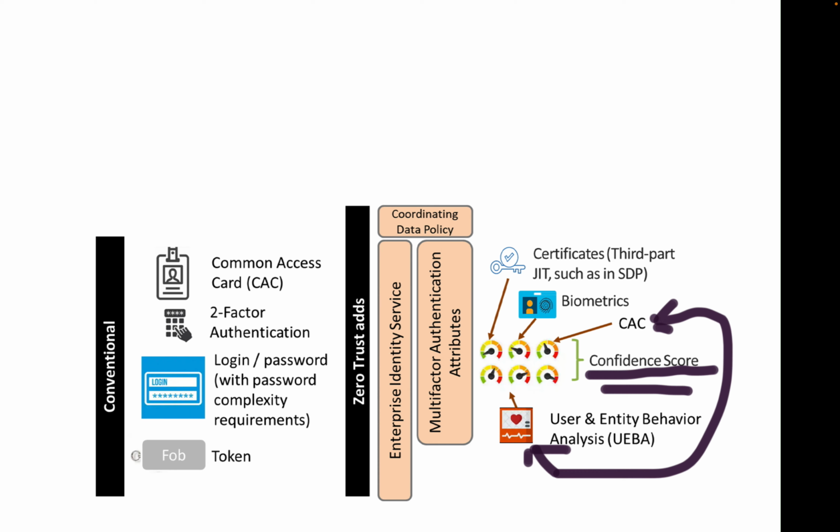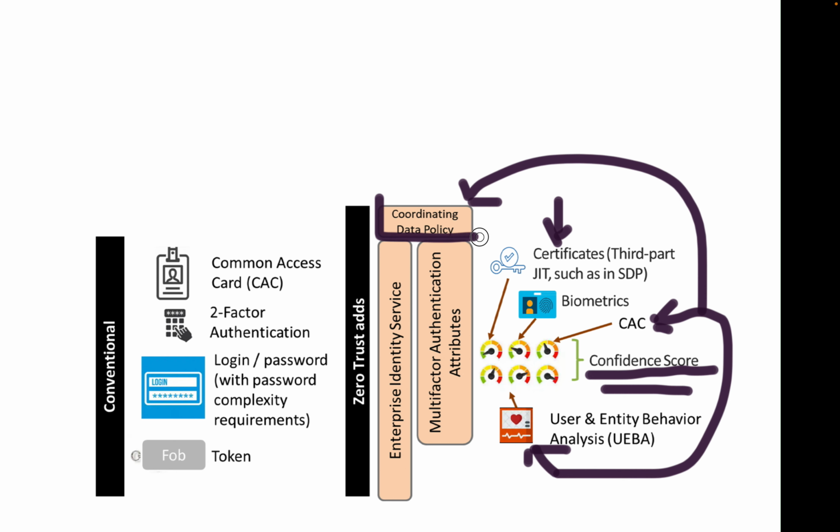This is your factors of authentication, whether it's biometrics, you have a certificate, or you're using some other authentication, as well as coordinating data policy. And that goes back to stealing my nickels. If you tried to steal my nickels while you were in my house, well, you went from cool to not cool really freaking quick.